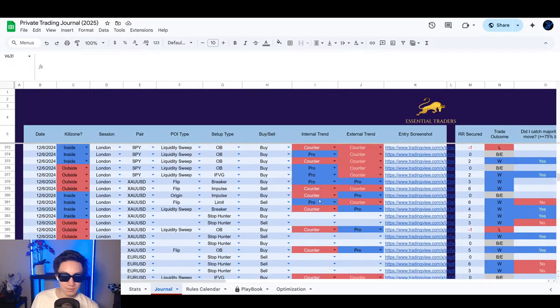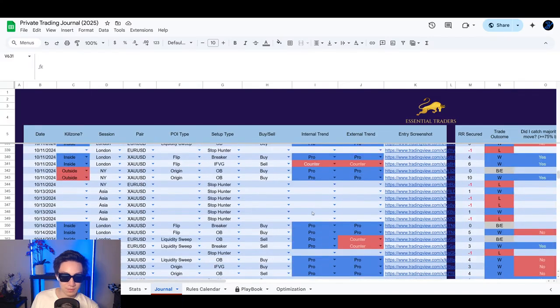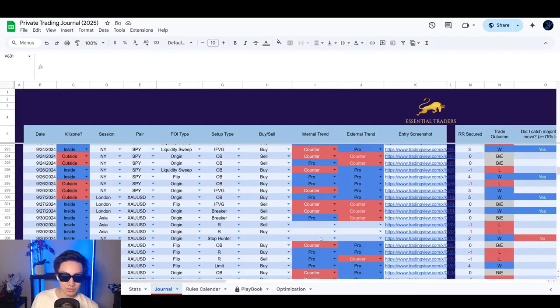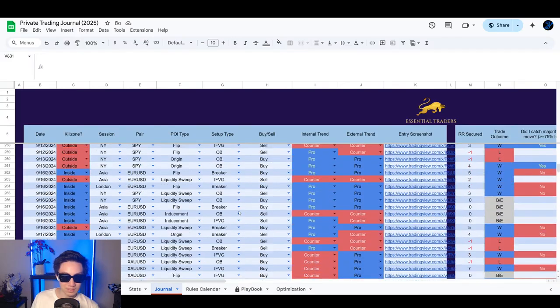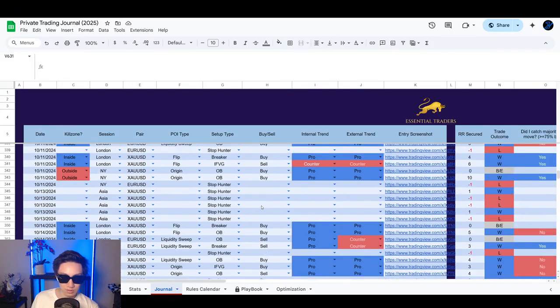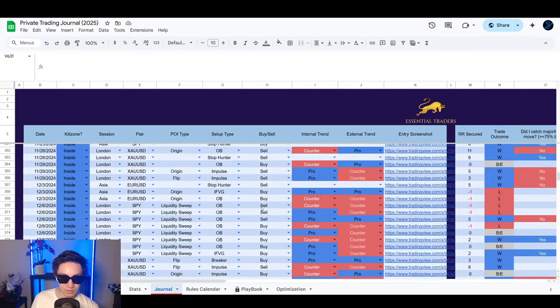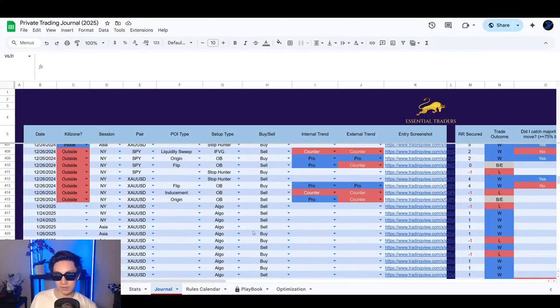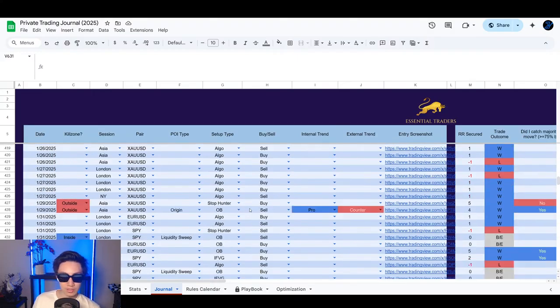External trend sometimes, because that does matter, but internal trend for the most part does not matter for a stop hunter. So you won't really see trend for the most part being journaled for stop hunter. Actually, all of these, I think stop hunter, I didn't journal any of the trends or structure here. Yeah, so none of the stop hunters basically have the trend journaled.